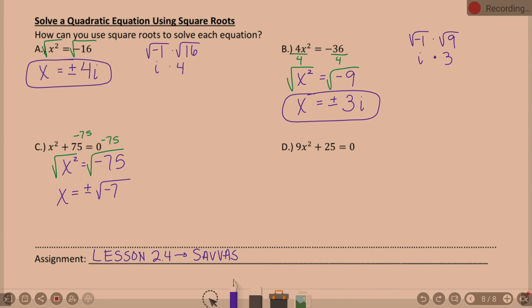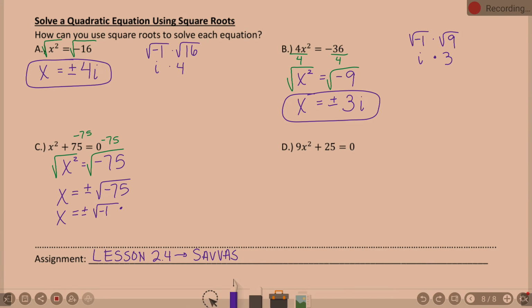Plus or minus the square root of negative 75, but what do we know about negative 75? There is a negative 1 there, yes? I'm going to write the pieces out of this one. What else do we know about 75?